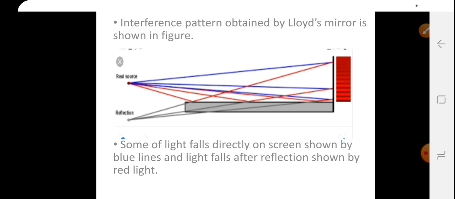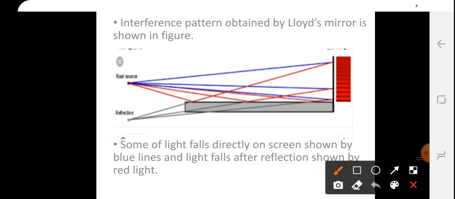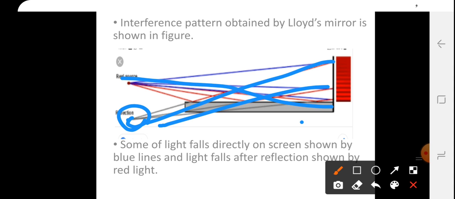The reflected light appears to come from a virtual source. Here we see two sources, and this one is a virtual source from which the reflected light comes.